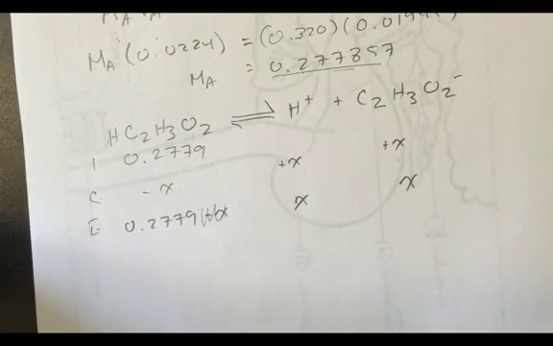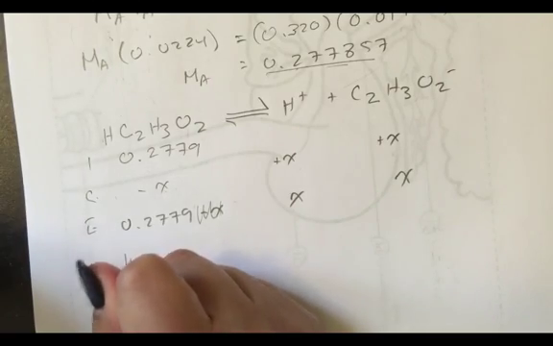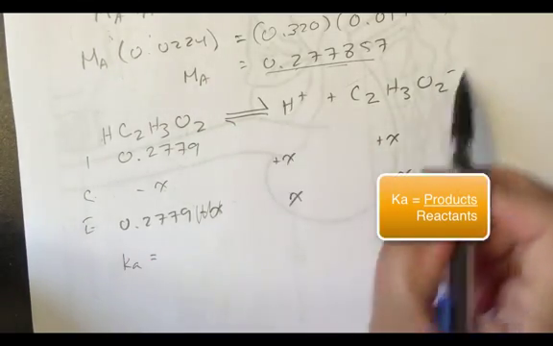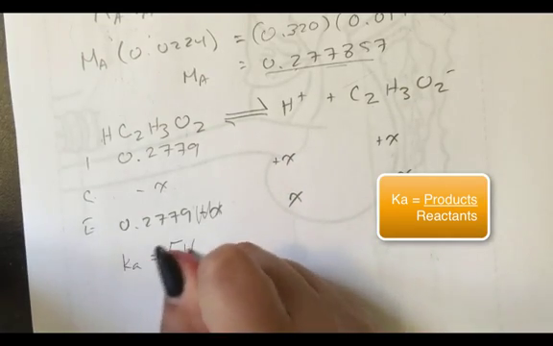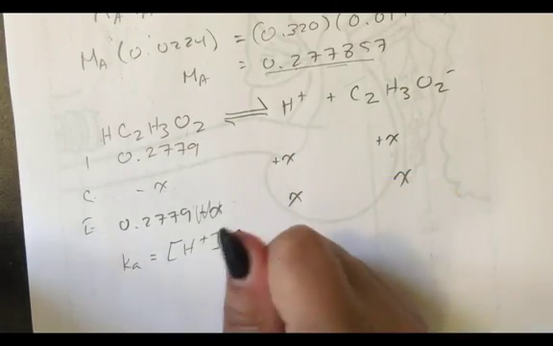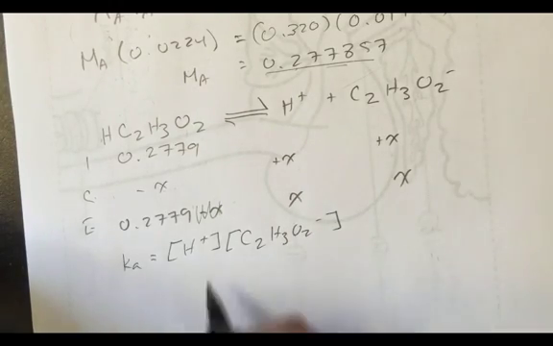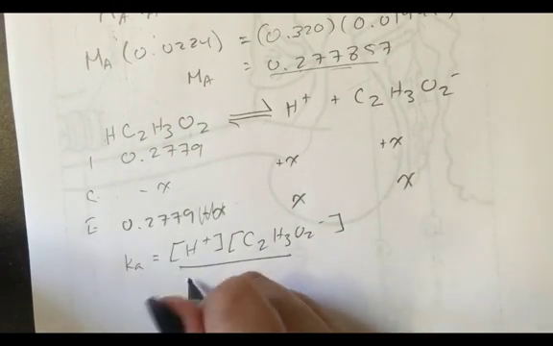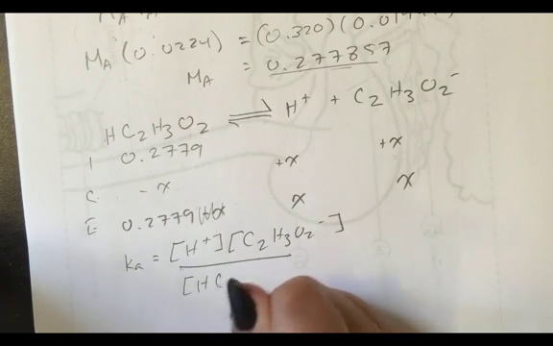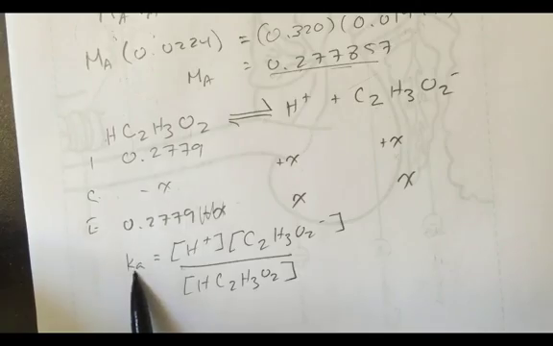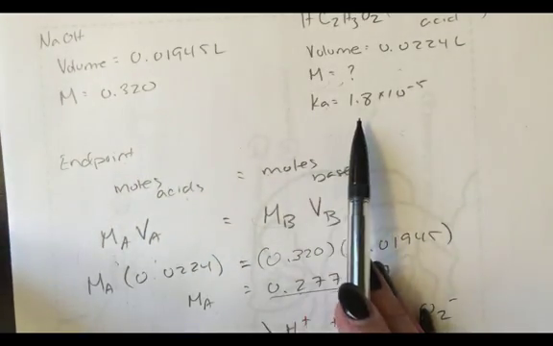And if I were to write the Ka equation for acetic acid, remember, product over reactant, I'm going to have my H plus, C2H3O2 over this guy, HC2H3O2. Okay, I know this value because we got that from the table.